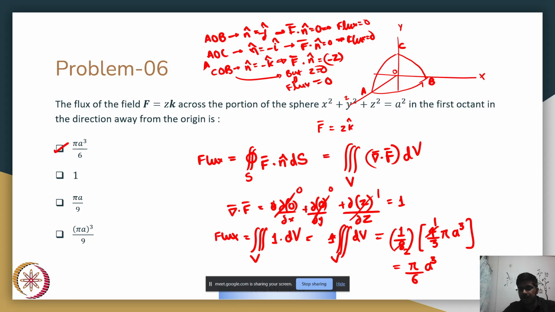So, like the quadrants of a circle, AOC, COB, and AOB do not contribute anything to the flux. Only this spherical portion, which is ABC, will contribute, and the flux turns out to be pi by 6 a cube.